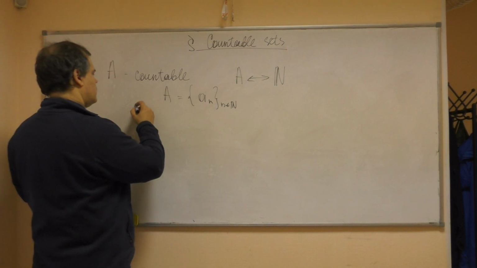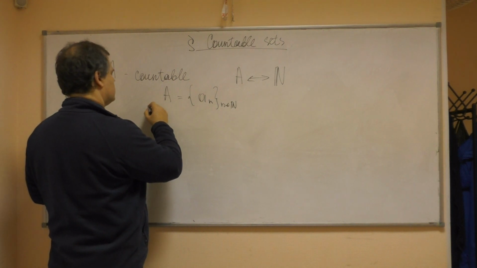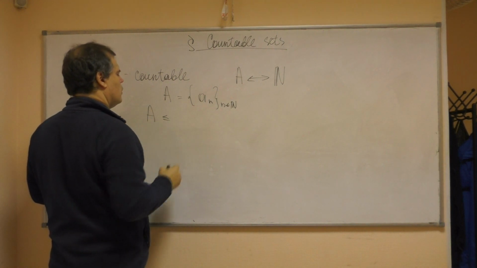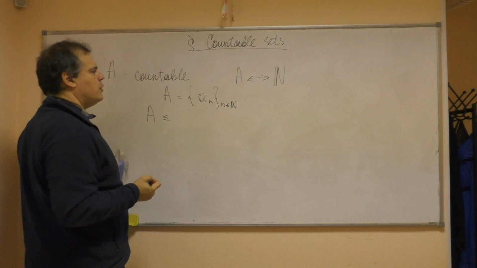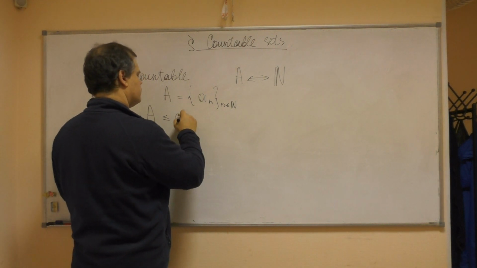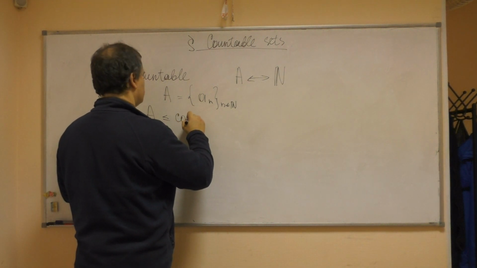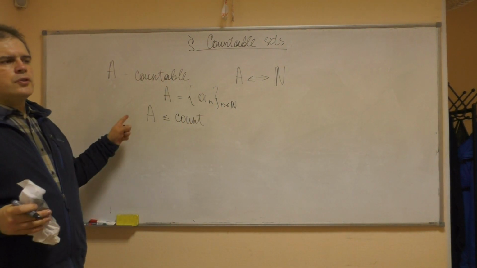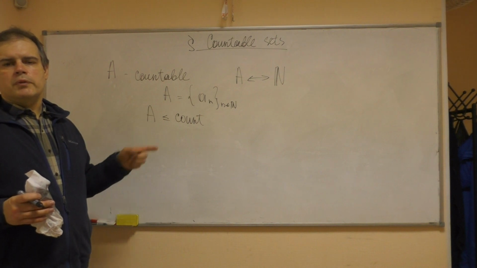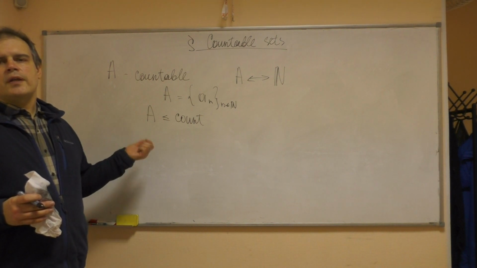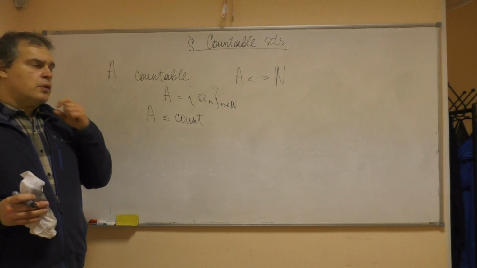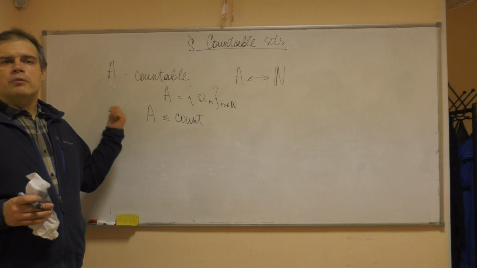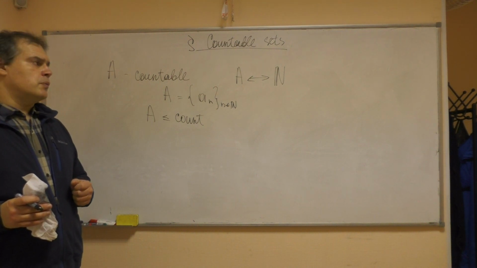And we say that A is less or equal than countable, and write something like this, if A is finite or countable. A finite or countable set is called less or equal than countable.